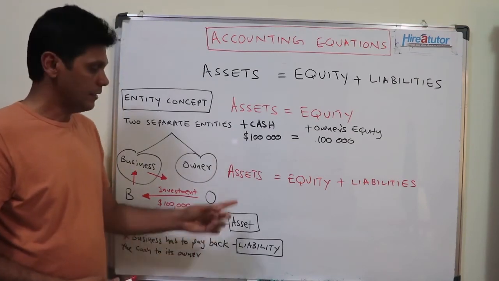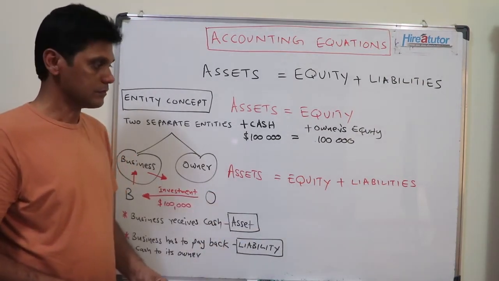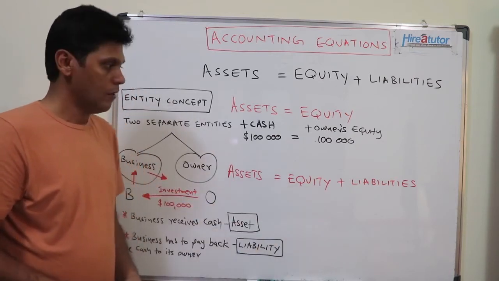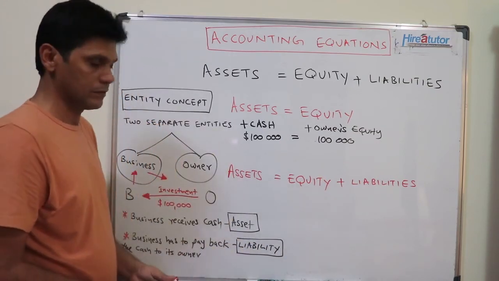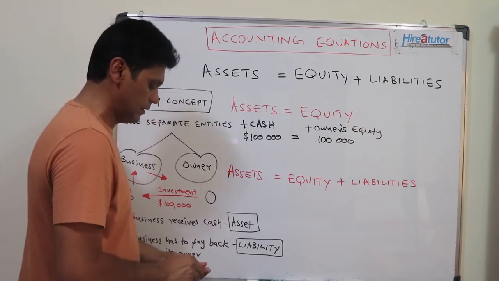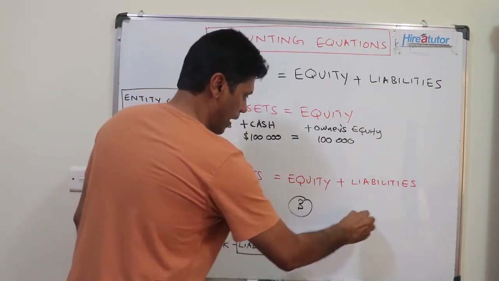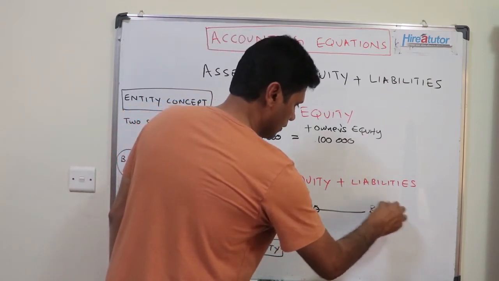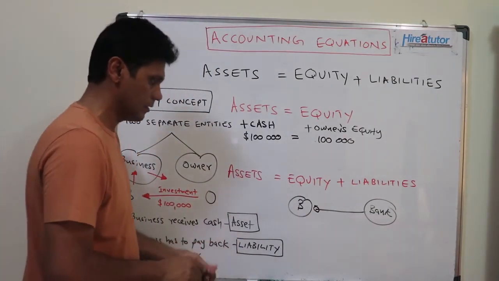Now let's look at the second part, assets equals equity plus liabilities. How do we develop this formula? For that, let's assume the business has obtained a bank loan from a bank. Let's say a $50,000 bank loan.